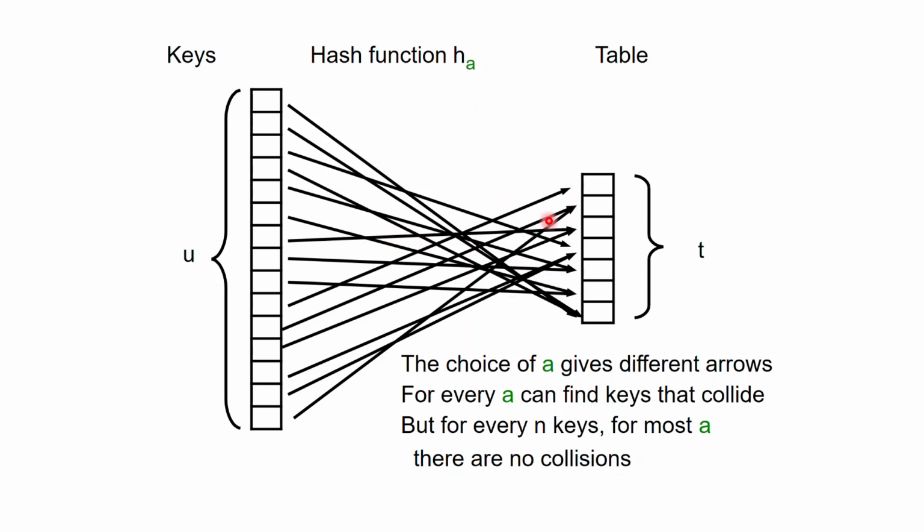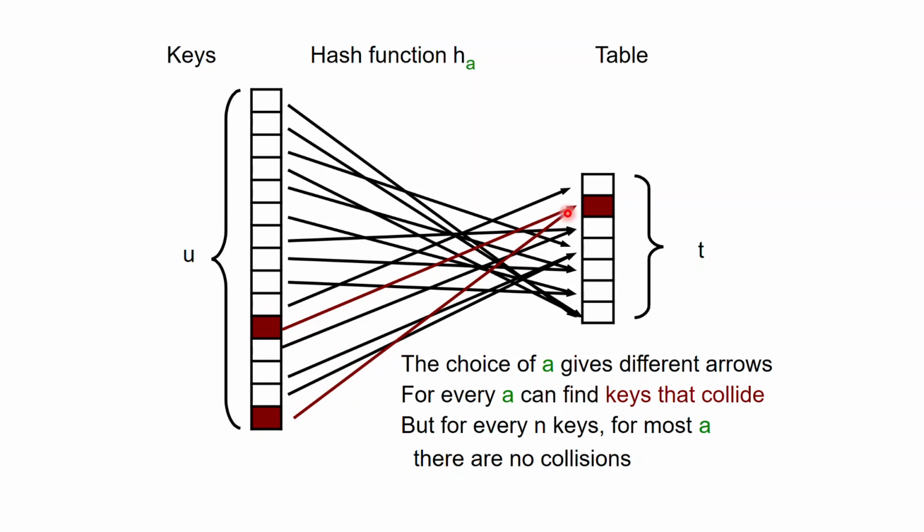And the situation is that for every fixed choice for the parameter a, you can find keys that collide, whose images collide, as shown here. You can find these two keys which end up in the same slot.